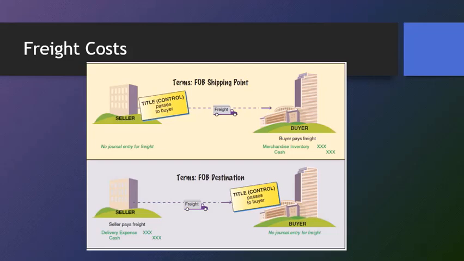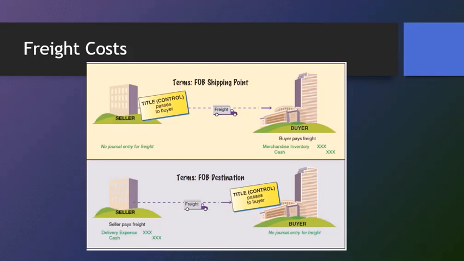All right, so we've got two basic choices here. We've got what's called FOB shipping point and FOB destination. FOB stands for free on board, okay? If something is shipped FOB shipping point, then what this means is as soon as the merchandise leaves the shipping point, the title immediately passes to the buyer, okay?